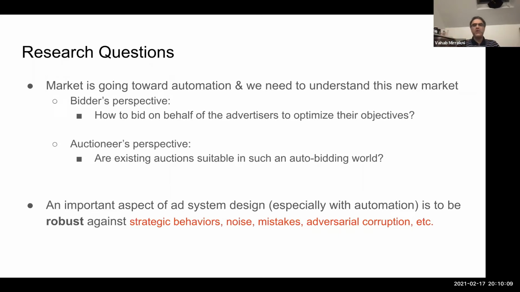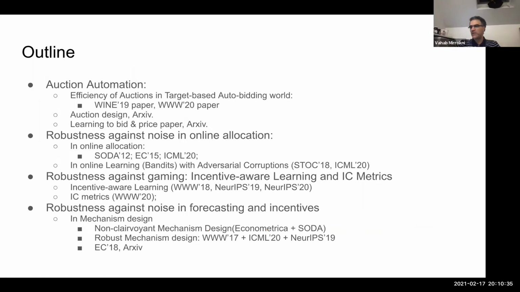And in all of these matters, an important aspect of designing these ad systems is to design robust algorithms and robust auctions in a way that we can automate easily. We can basically be robust against strategic behaviors, adversarial corruption, noise in the predictions, mistakes, and so on and so forth. So this is actually the major topic of my talk as well.